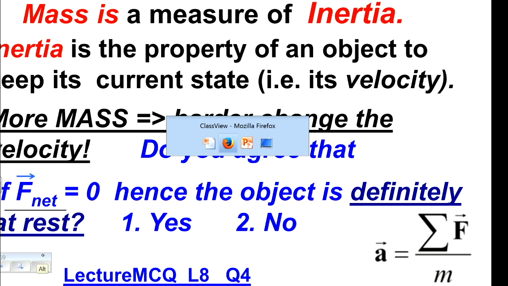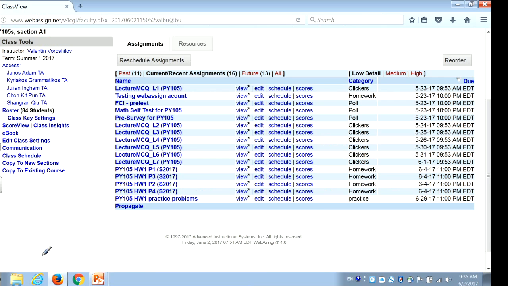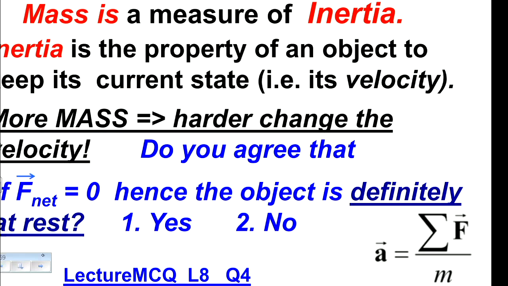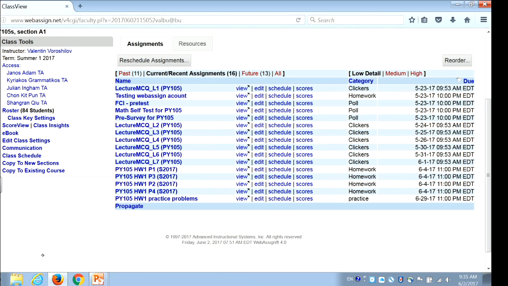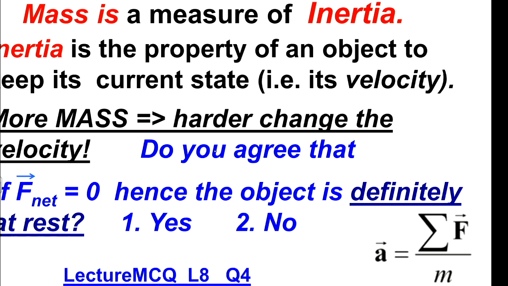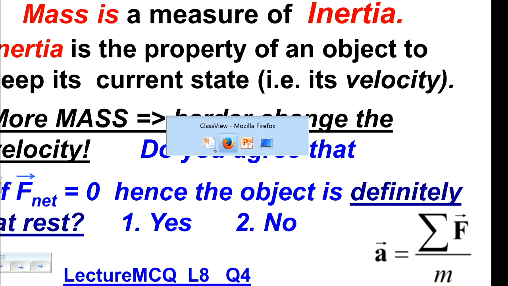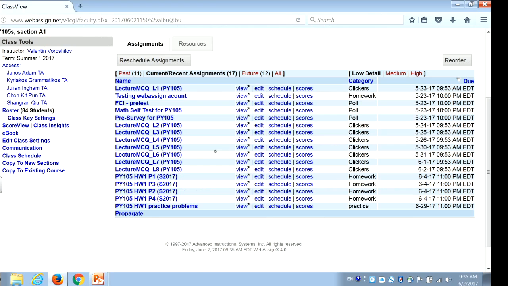This question 4, this question I want to check. So 1 for yes, you agree that when net force is 0, the object is definitely at rest. No, you disagree.